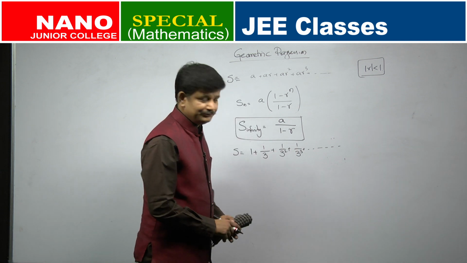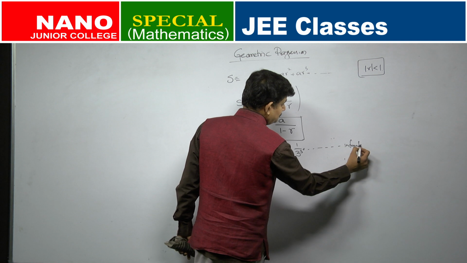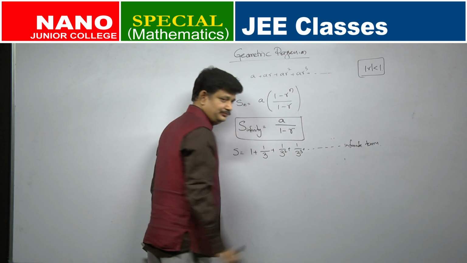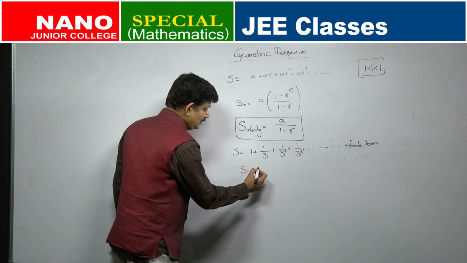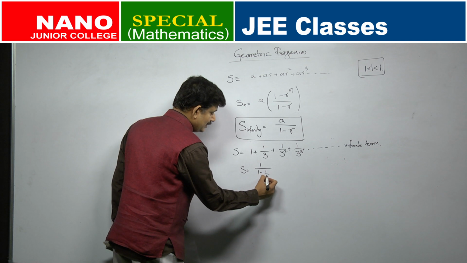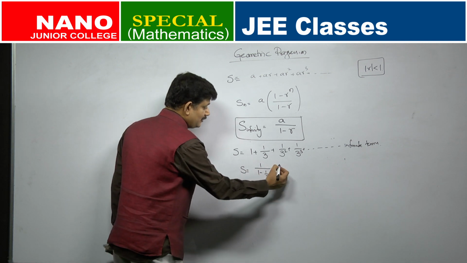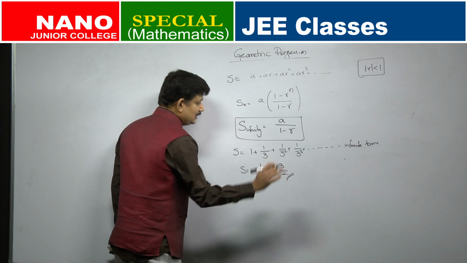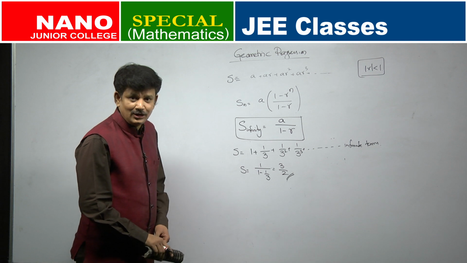So, this is a GP, infinite GP. How many terms? Infinite terms. So, this will be A by 1 minus r, r is 1 by 3. 1 minus 1 by 3 is how much? 2 by 3. 2 by 3 in the reciprocal, what will it become? 3 by 2, as simple as this. Is the method clear, all of you?